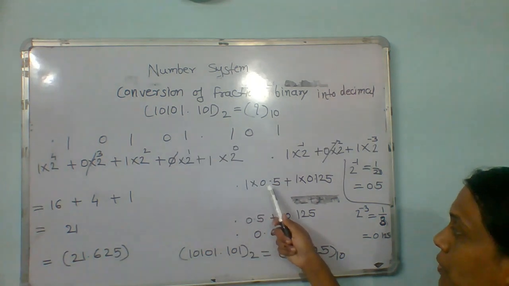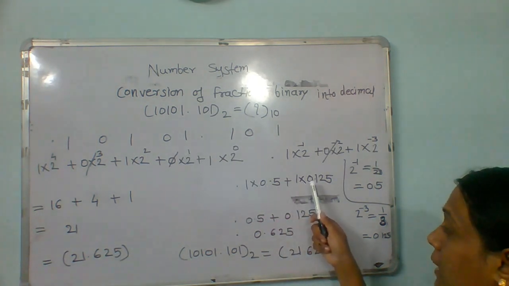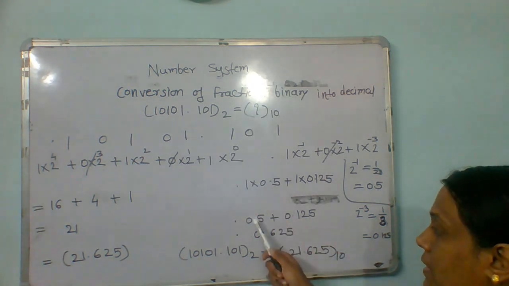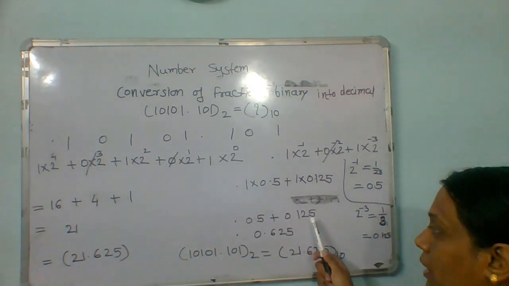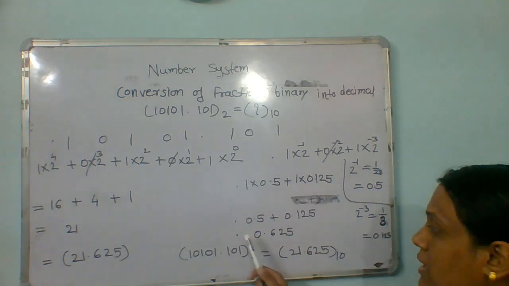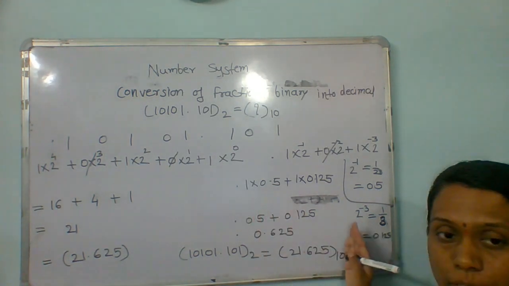Then 1 into 0.5 plus 1 into 0.125. So the answer comes 0.5 plus 0.125, which is 0.625. So this is the calculation for the numbers after the decimal.